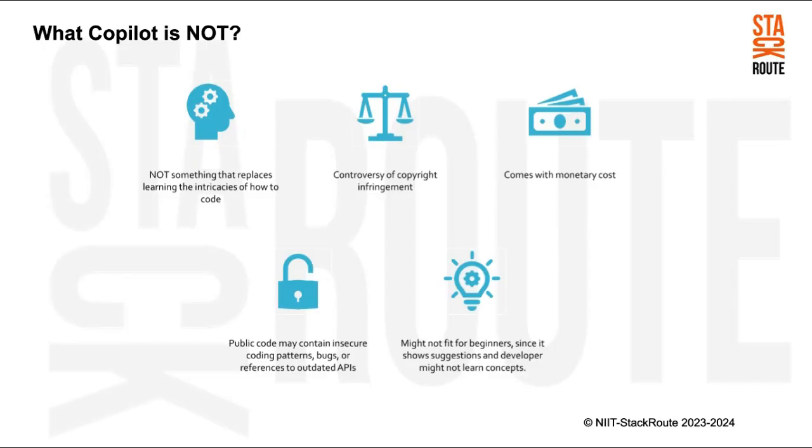GitHub Copilot is not something that replaces learning the intricacies of how to code, because without knowing what you are doing, you are prone to inadvertently introducing bugs or poor practices in your code. However, if you have an idea of what you want to accomplish and a solid understanding of the logic behind the lines of code you want to write, but you're not familiar with the syntax, Copilot can definitely help.